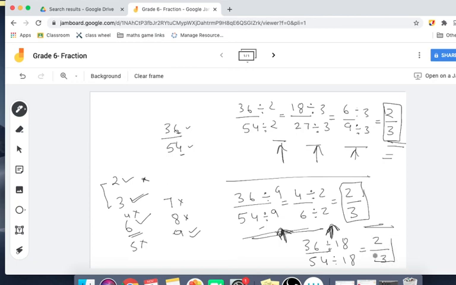This is how you can solve it in a single step. Here we have done the division 2 times, there 3 times, but if you know the table you can solve it in a single step.